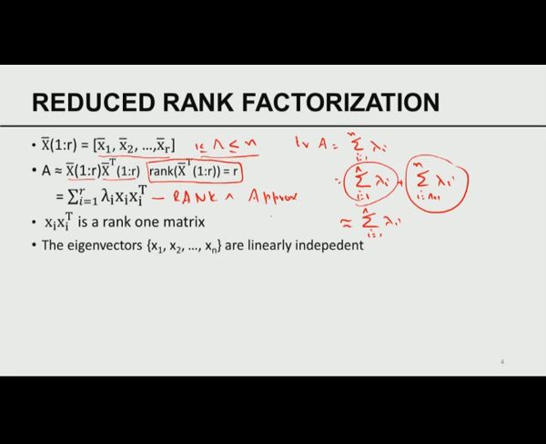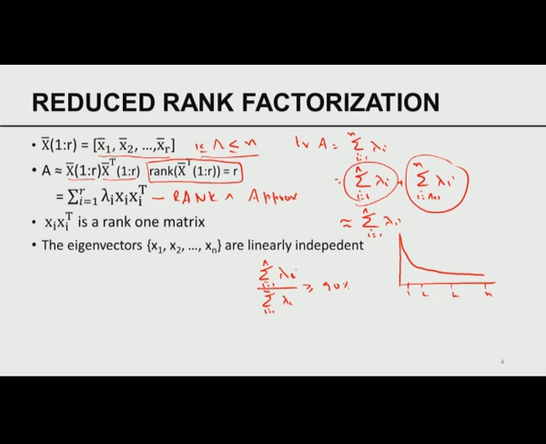If the matrix is very large and the eigenvalues fall very sharply like this, it can be shown that the sum of the first r eigenvalues divided by the sum of i equals 1 to n of lambda i, which is the partial sum versus the total sum, is greater than or equal to 90 percent, let us say.